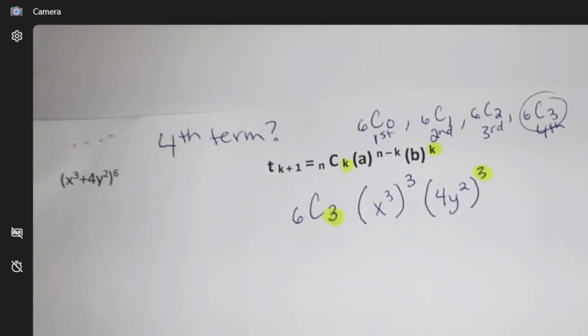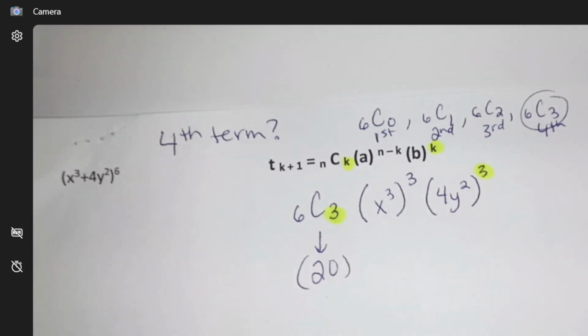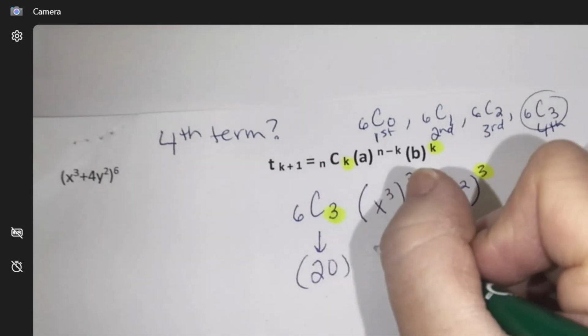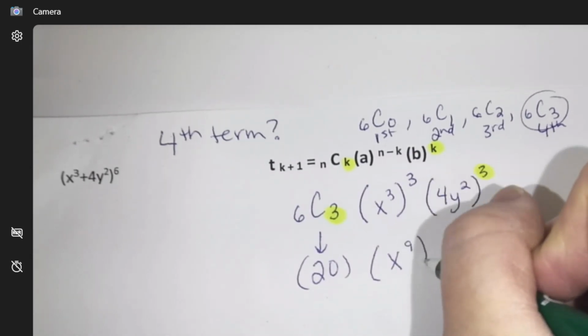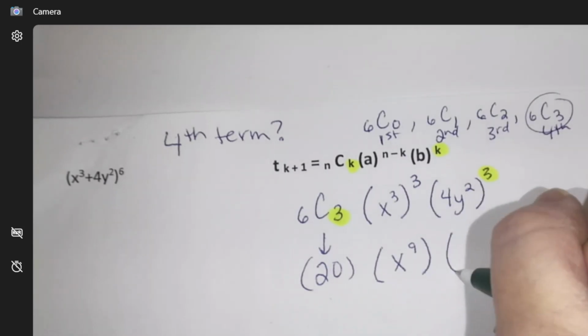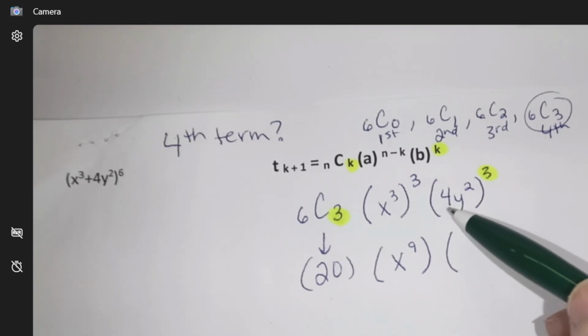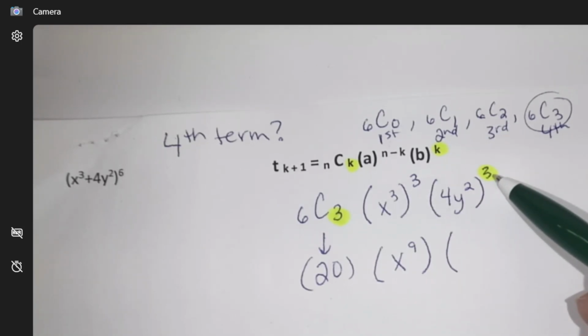Now the rest is calculations. So that's 20. That's an x to the 9th. This, you're going to have to do a 4 cubed in the front of that.